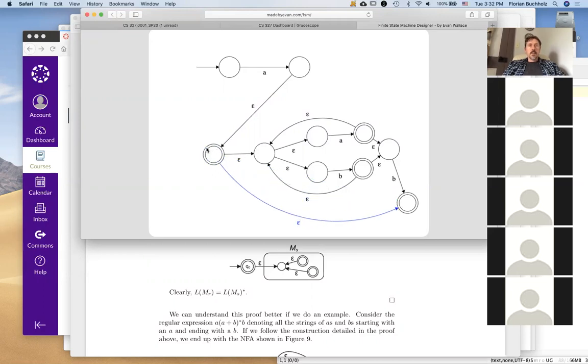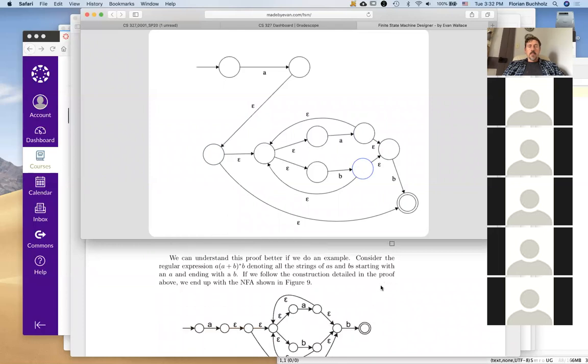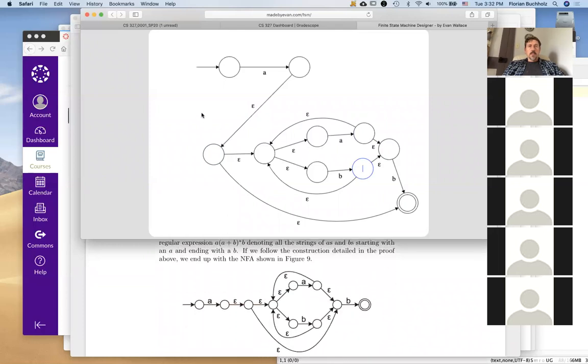And these no longer are accepting states. See, A, epsilon, that one, going here. Yeah, that's pretty much exactly what we have here.